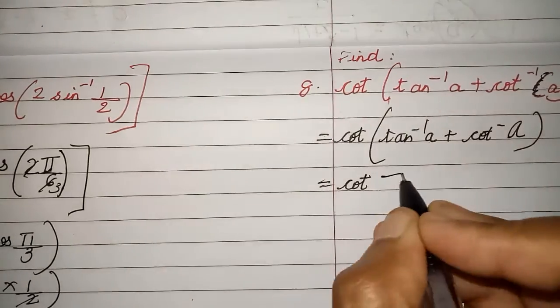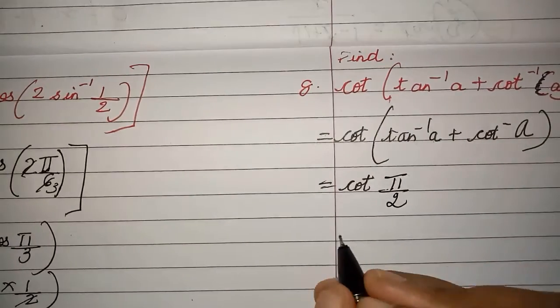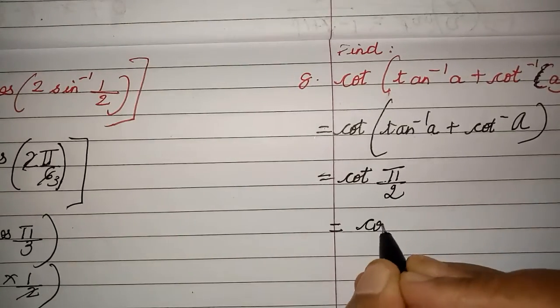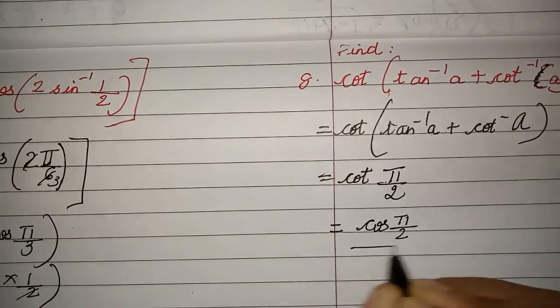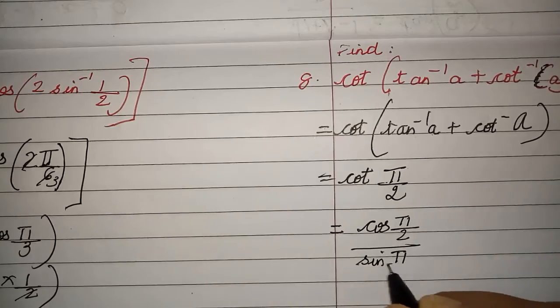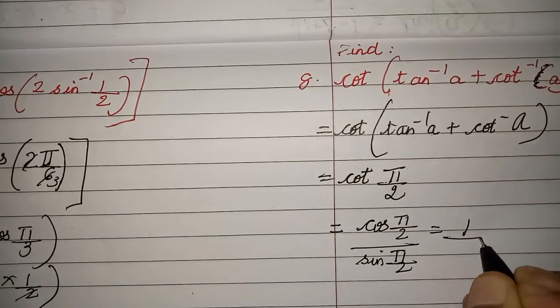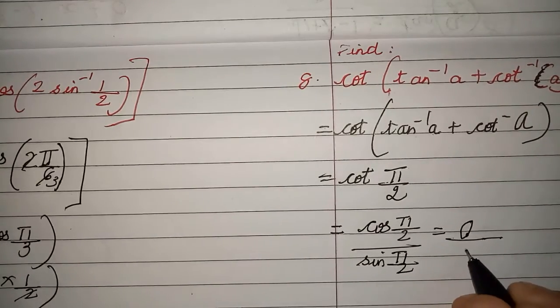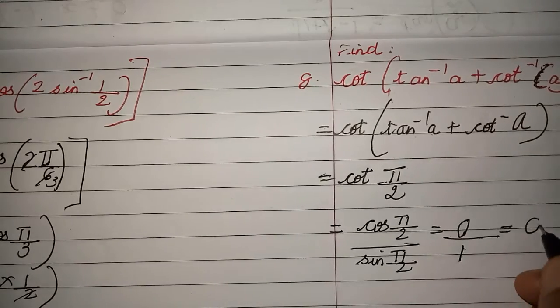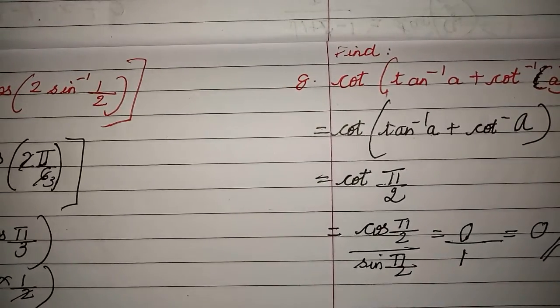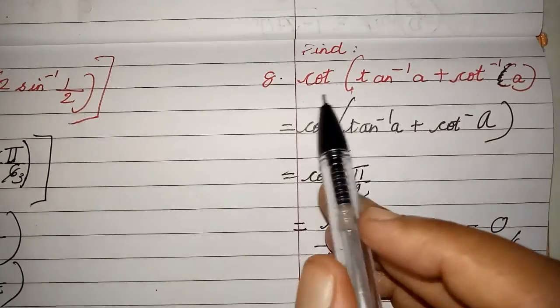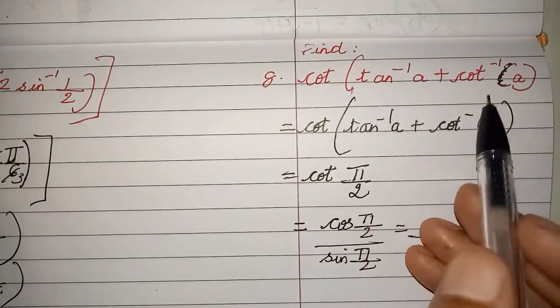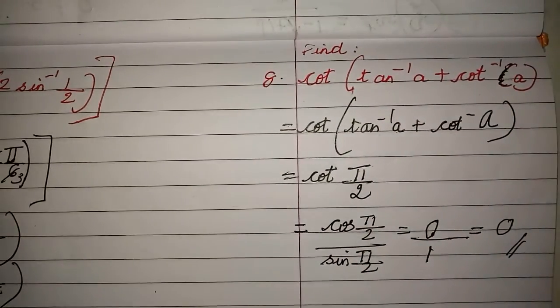So here directly it is pi by 2, and cot pi by 2 is nothing but cos pi by 2 by sin pi by 2. Cos pi by 2 is 0, sin pi by 2 is 1. So the answer is 0. The value of cot of tan inverse of A plus cot inverse of A happens to be 0.